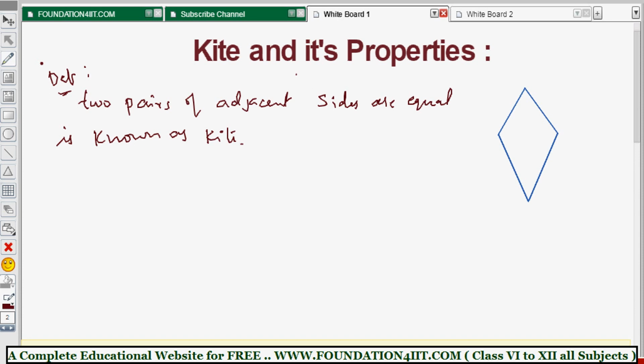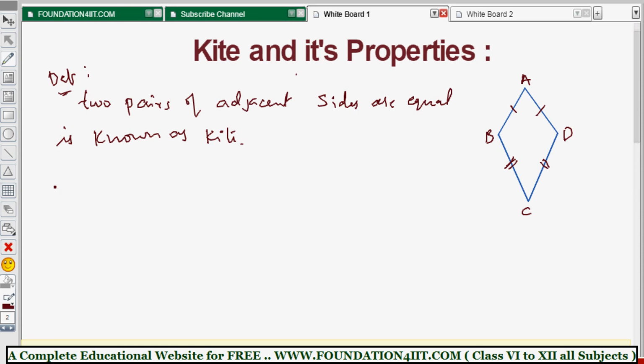So here, two pairs of adjacent sides. Taking the letters A, B, C, D, there are only two pairs of adjacent sides. AB and AD are equal, and BC and DC are equal. These are the two pairs. Then only we can say ABCD is a kite.